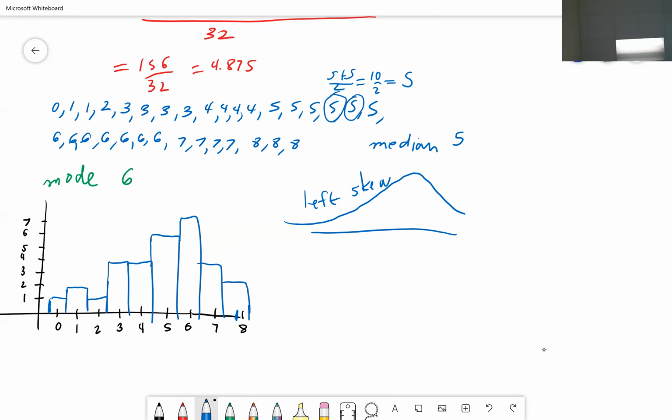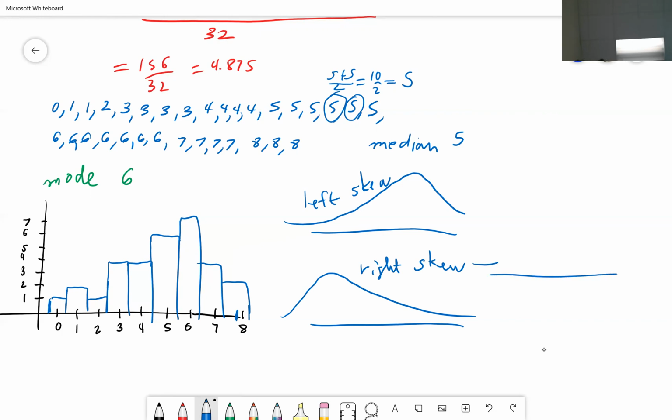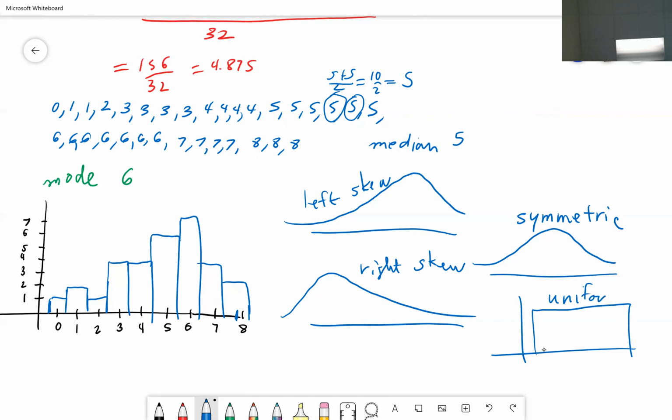We also have a right skew with the tail on the right. We also have one that's nice and even on both sides. We call it symmetric. And we also have another one, which is called uniform. It's just the same throughout.